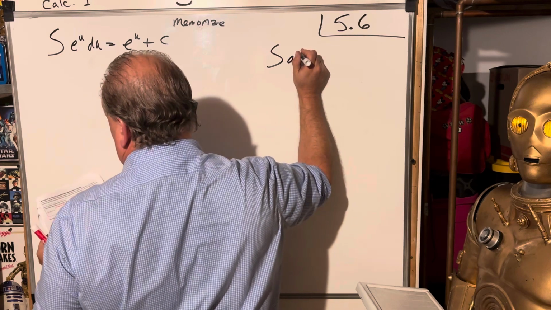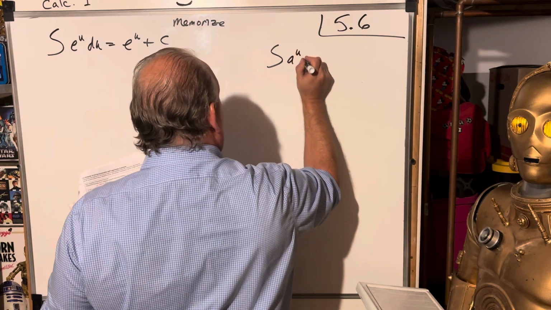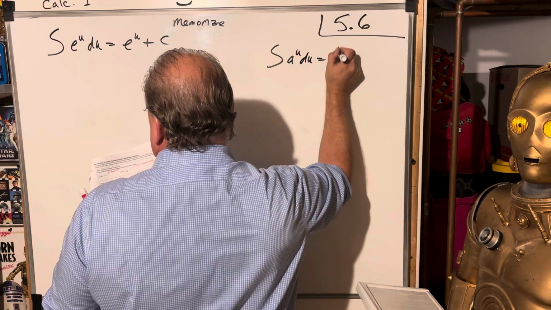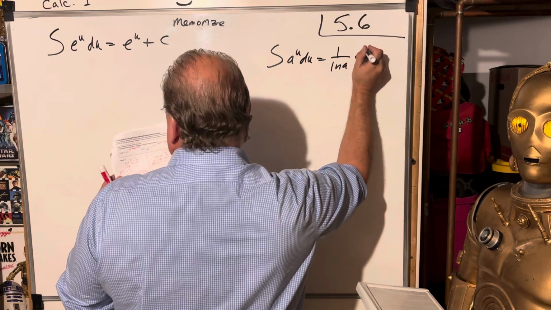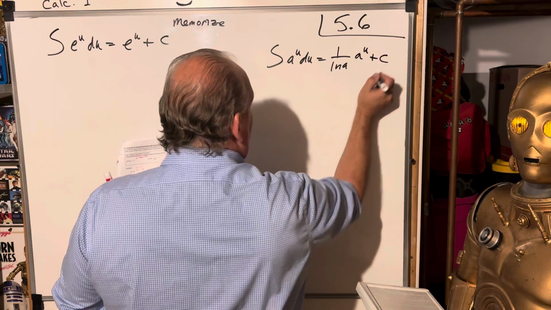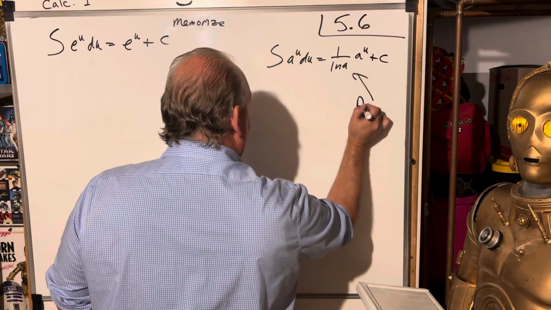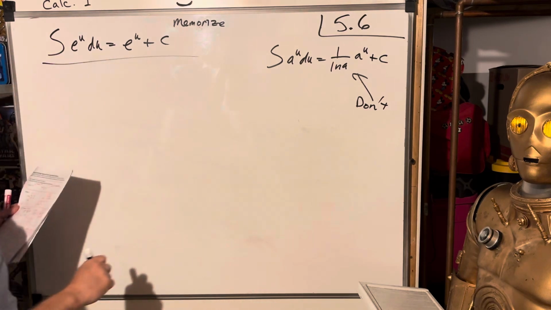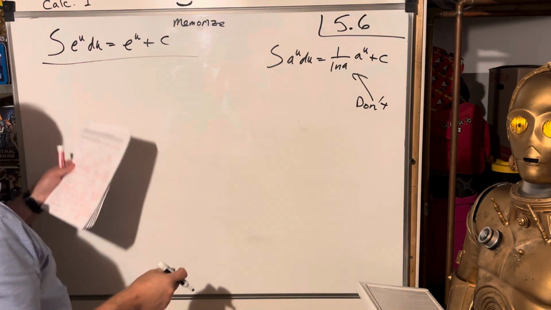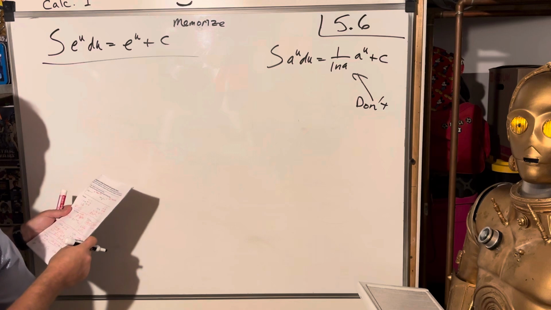What is it? The integral of a to the u du is 1 over ln a times a to the u plus c. Don't memorize that. We don't have to worry about that. This you should have down, though. You should know that the integral of e to the x is e to the x.